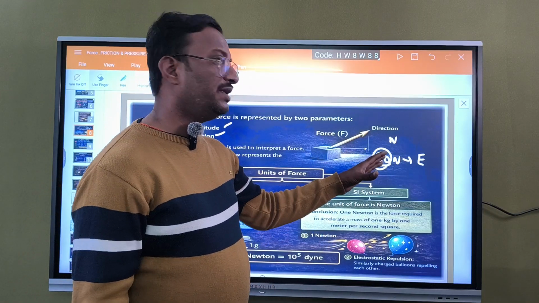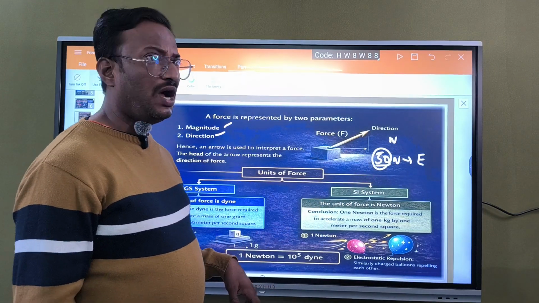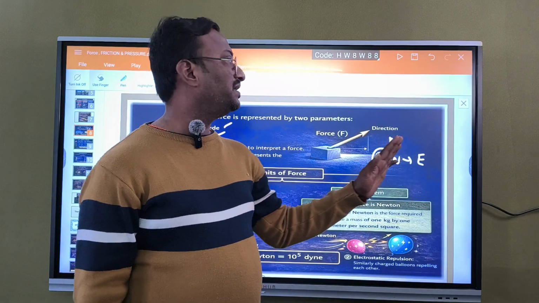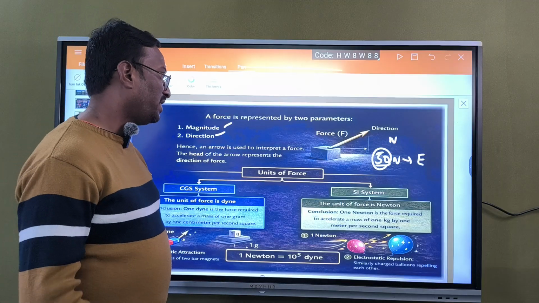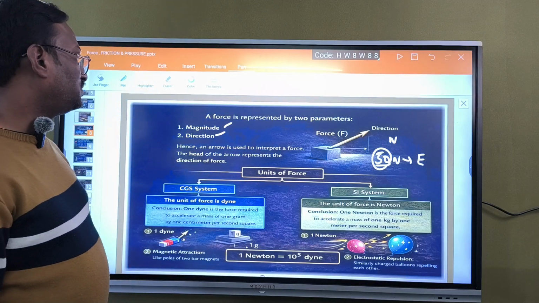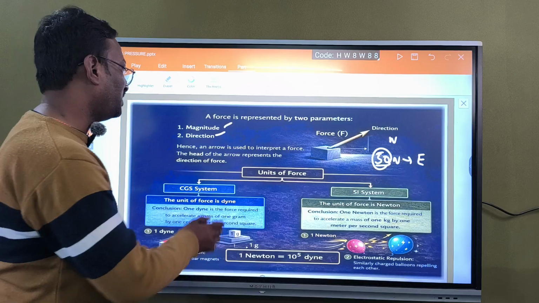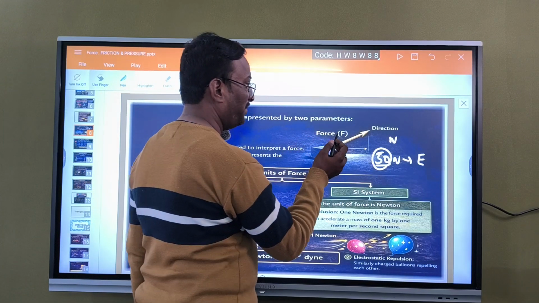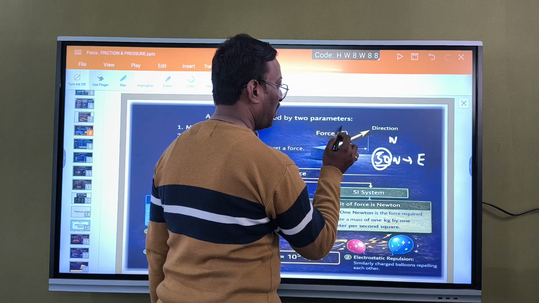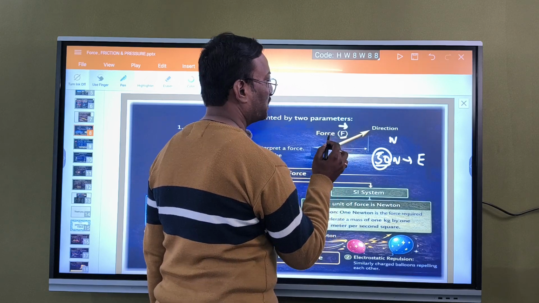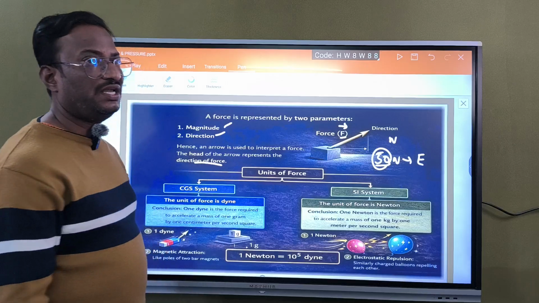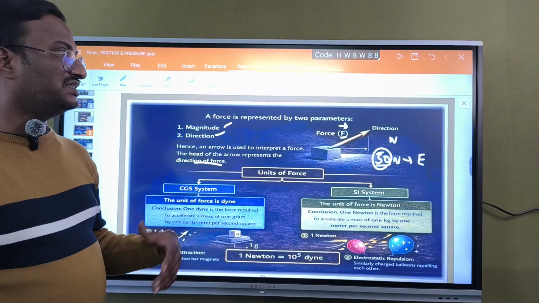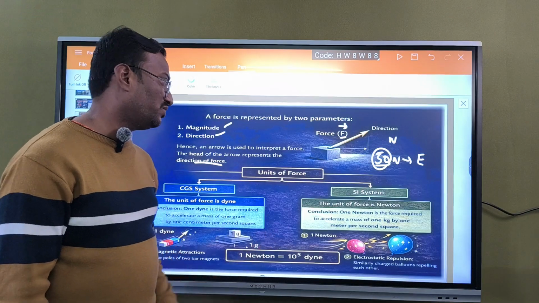Here 50 indicates the magnitude and due east indicates the direction. The head of an arrow represents the direction of force. At the head you will put an arrow mark, since force is a vector quantity. Of course we shall slowly learn what is vector, what is scalar, everything. There is no need to worry now.